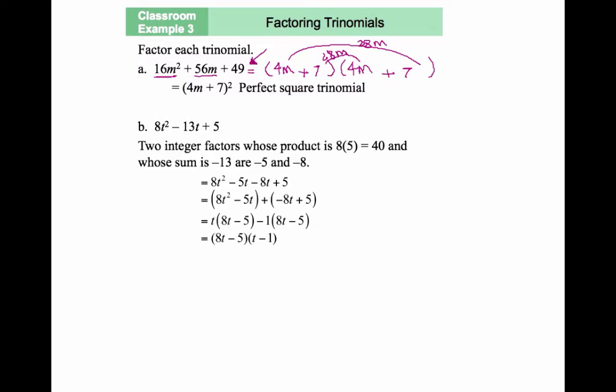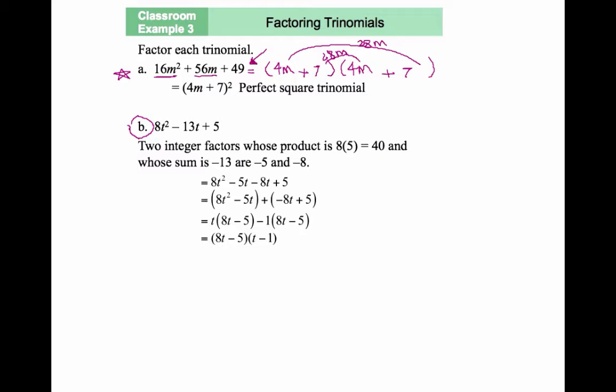So not recognizing a perfect square trinomial is okay. You can still factor it using the trial and error method that you learned previously. Let's take a look at the second part here: 8t squared minus 13t plus 5.